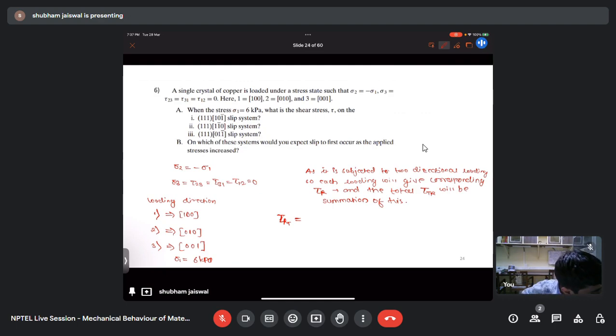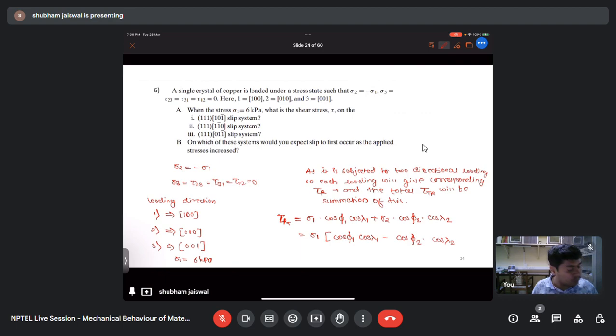So sigma 1 will produce sigma 1 into cos phi 1 cos lambda 1, plus sigma 2 into cos phi 2 into cos lambda 2. They have given sigma 2 equal to minus sigma 1. So tau r equals sigma 1 times (cos phi 1 cos lambda 1 minus cos phi 2 cos lambda 2).